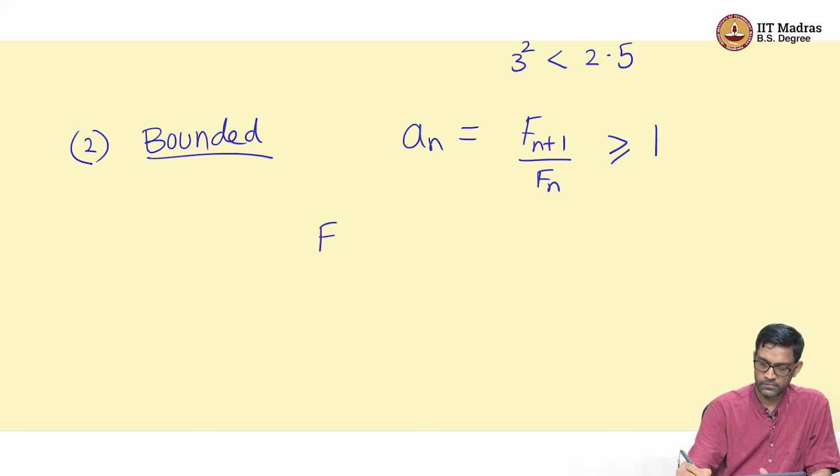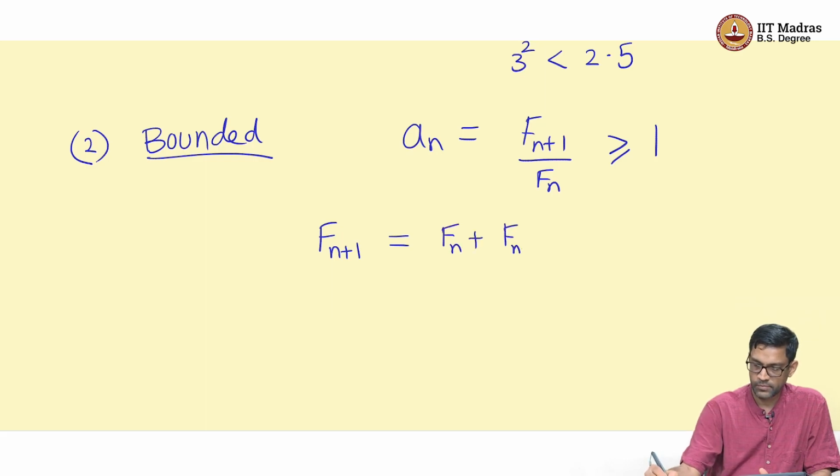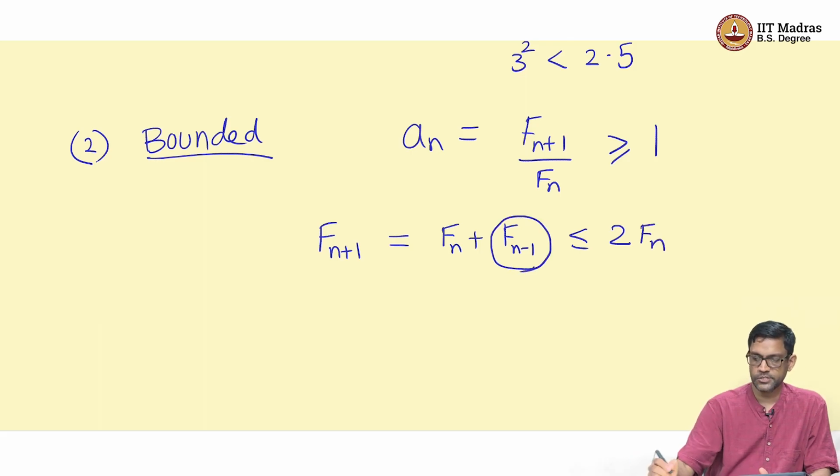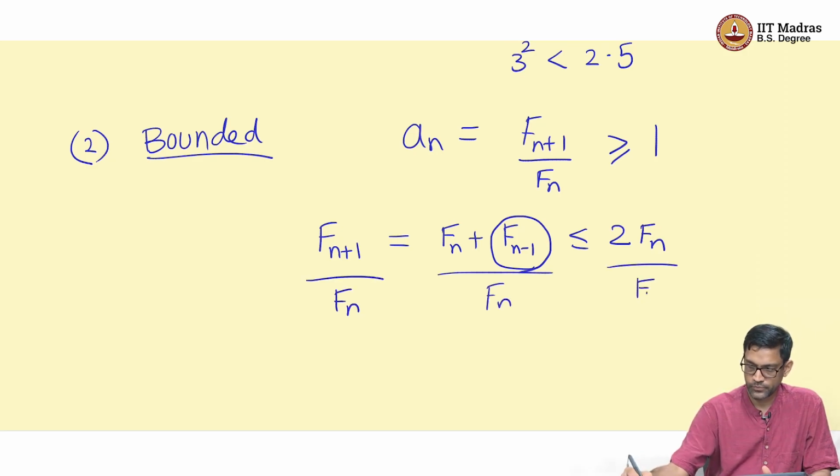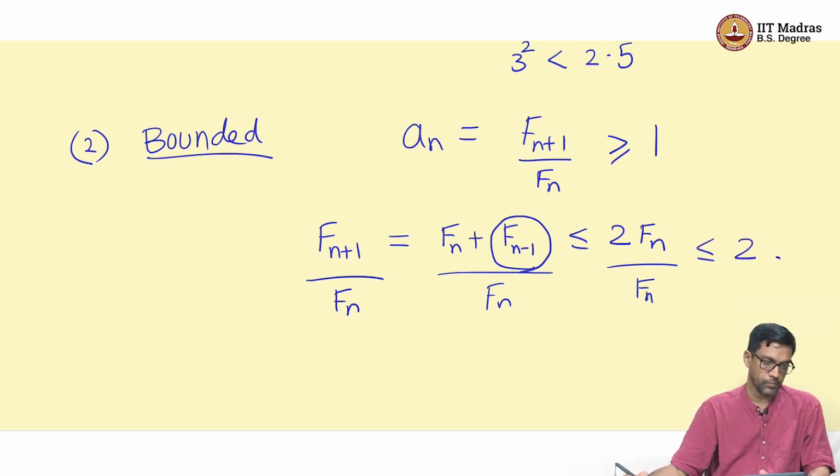But observe that the n plus 1th Fibonacci number is Fn plus Fn minus 1, which is at most 2 times Fn, for the same reason that Fn minus 1 is smaller than Fn. And so if you divide, the answer is at most 2. Okay, so that completes the proof of the boundedness.